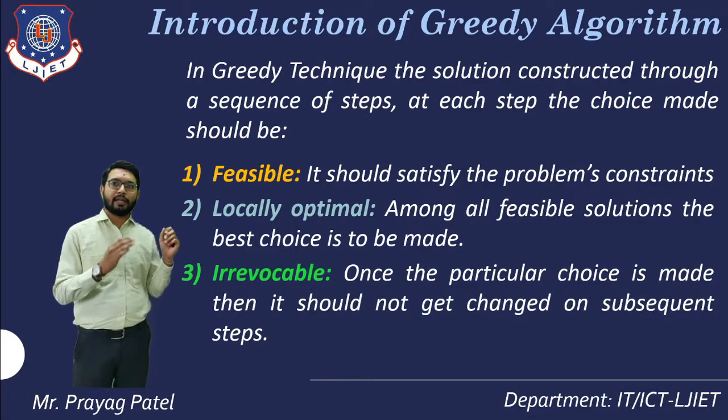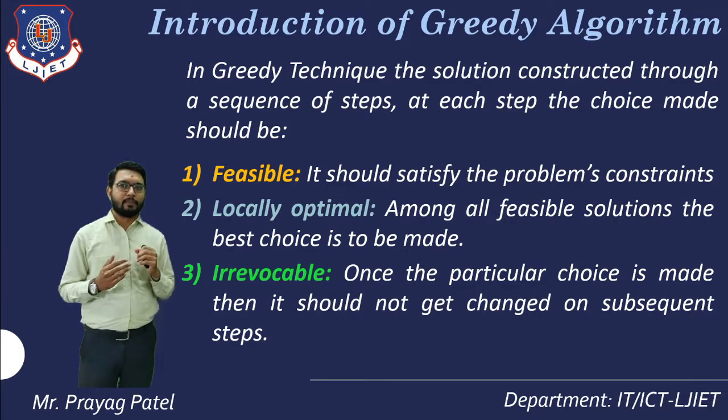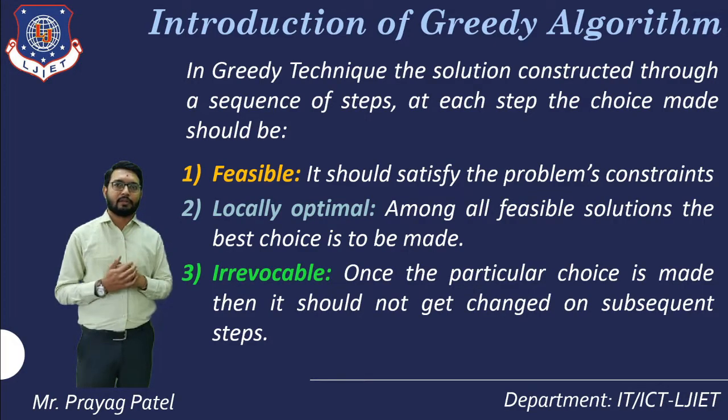Now the next point is irrevocable. Irrevocable means once a particular choice is made, it should not get changed in subsequent steps. For example, if you want to find the change for 15, you first select 1 coin of 10.